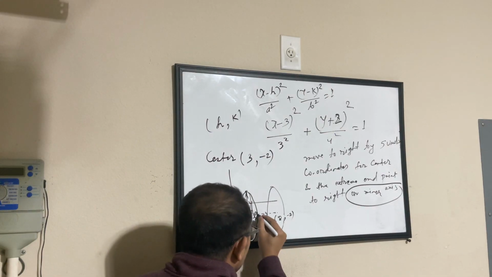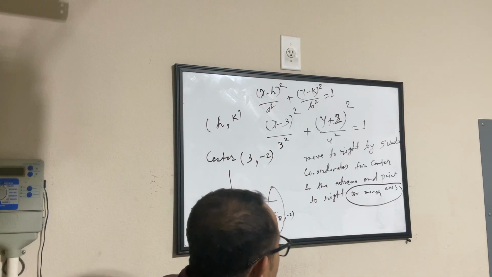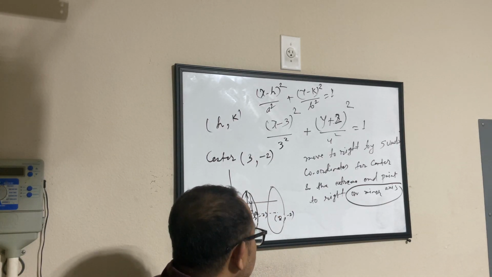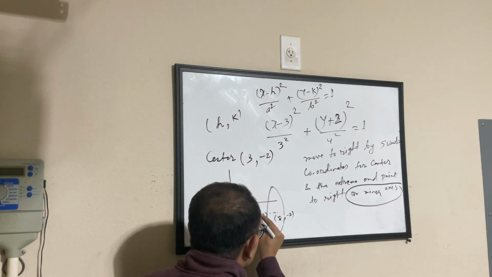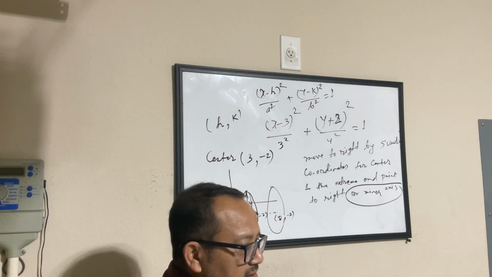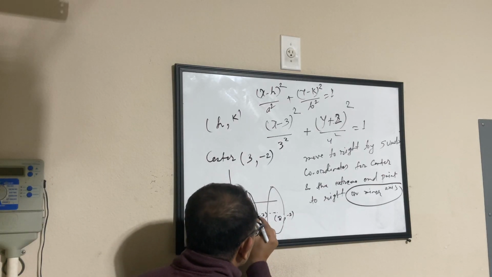Now, tell me what is the coordinate of the extreme end of the minor axis on the right hand side? What is the coordinate for this point, the extreme end of the minor axis? So this distance is how much? 3, right?